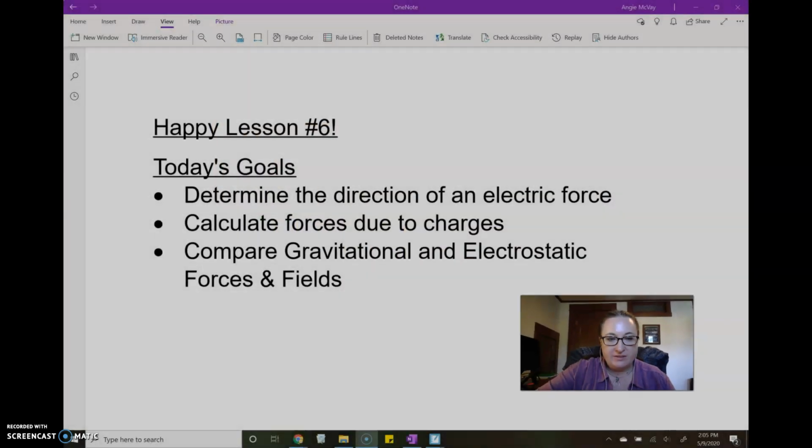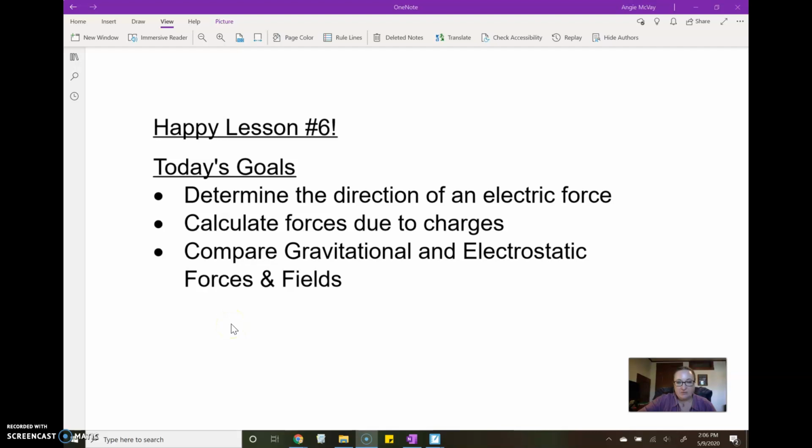Today, what I'd like us to work on is to take a look at how there was a force acting between our pith balls in the demo that I did last week without the pith ball and the wand actually touching, and how there was a force exerted between the two metal pieces of foil in the electroscope simulation without those pieces of foil actually touching.